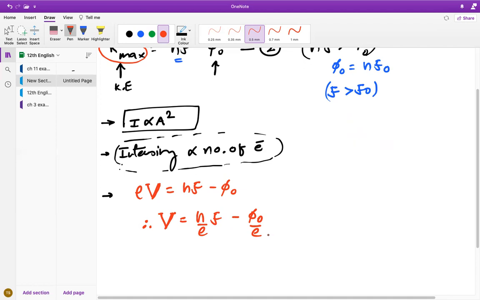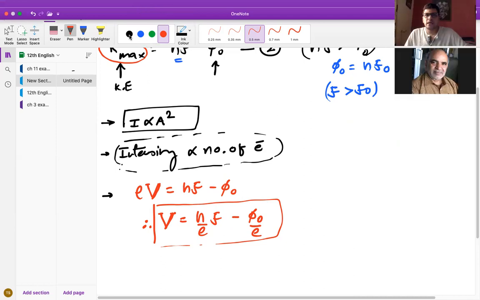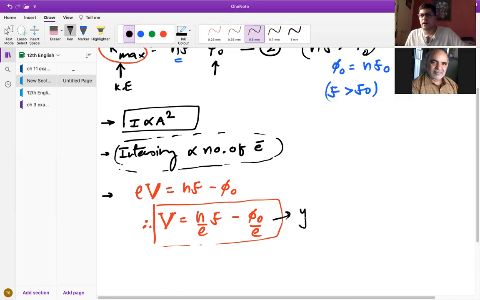So if I draw this graph, showing it in terms of one constant value, like the graph of y equals mx plus c, compare it. On the y-axis is my voltage, and on the x-axis is h by e.